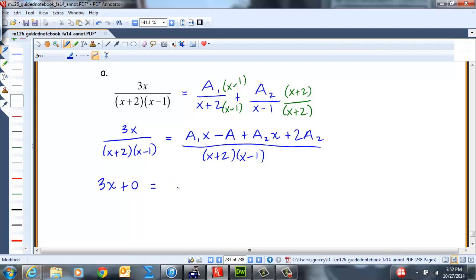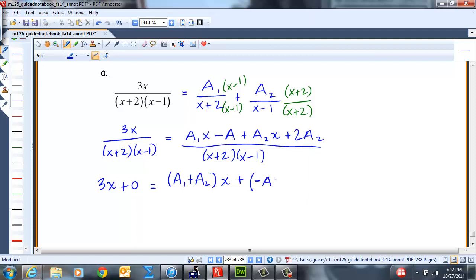So now you want to factor out an x on the right. The terms that have x's are the a1 times x and the a2 times x. So we could factor out an a1 plus a2 times x, and then the other terms are constants.